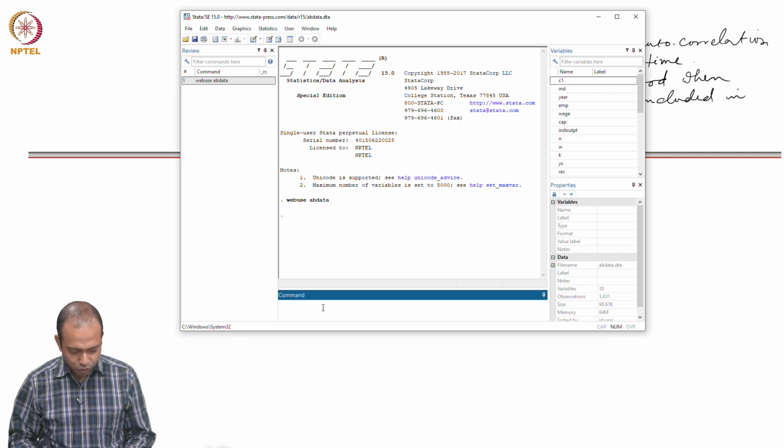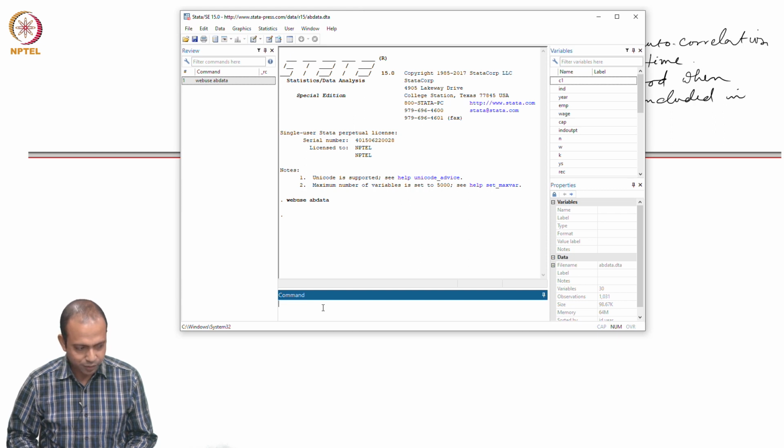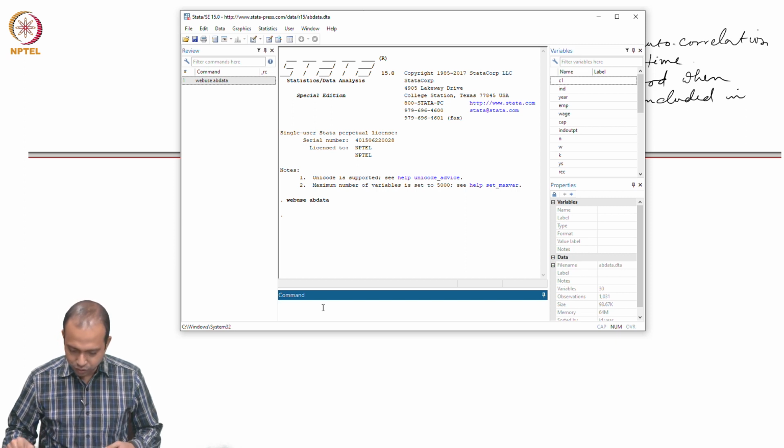So, this is xtabond2, and then I have my dependent variable n, and then what I will do, I will put nL1.